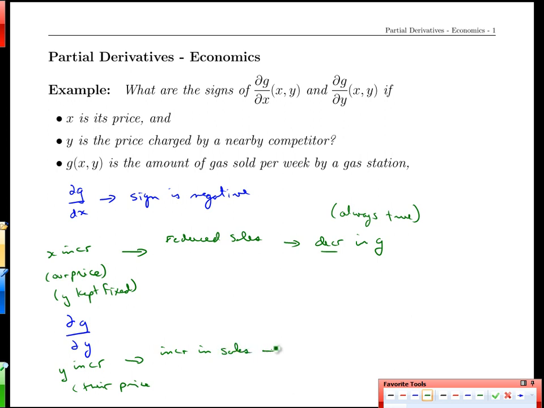Since g is our sales, we expect that we're going to see an increase in g, and therefore we're going to see the sign of that derivative being positive. As our competitors increase their prices, we expect our sales will increase. It won't always be by the same amount, but the direction will be consistent. And that's how we can do a quick interpretation of these kinds of signs.